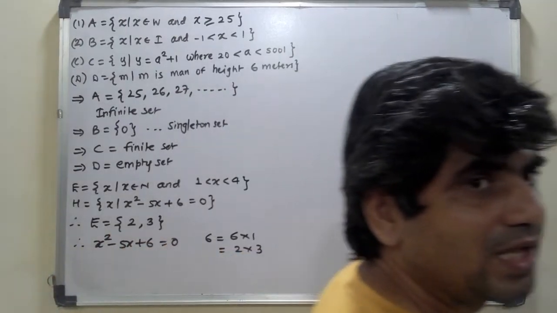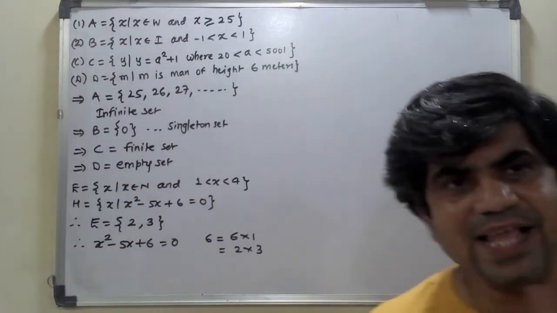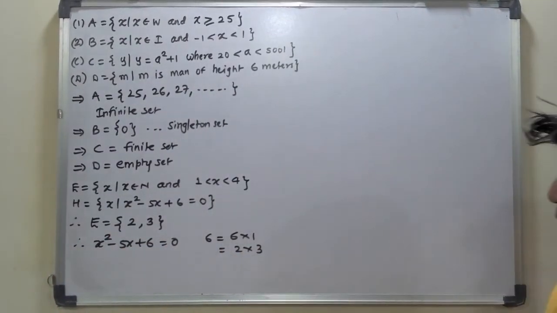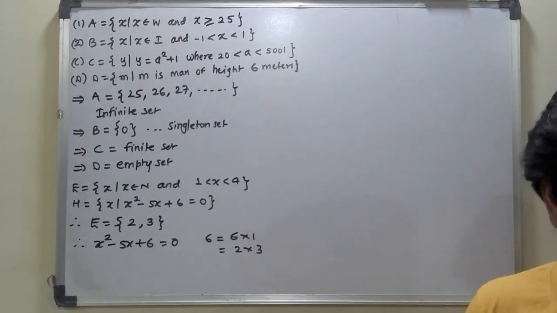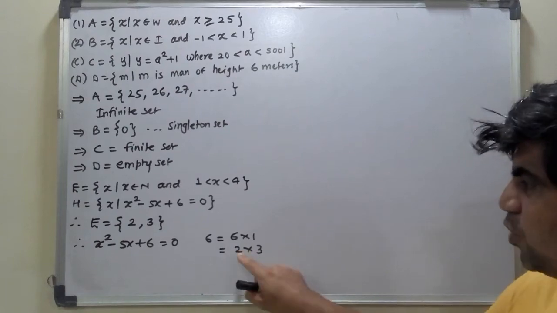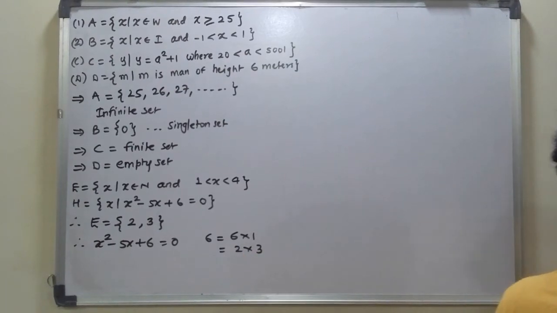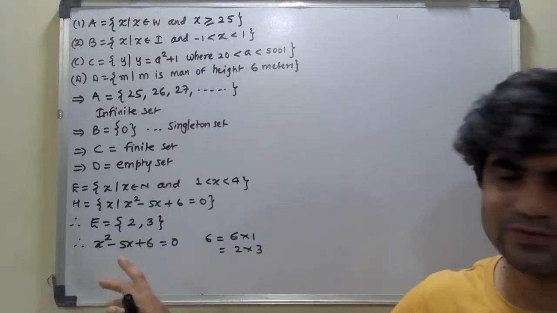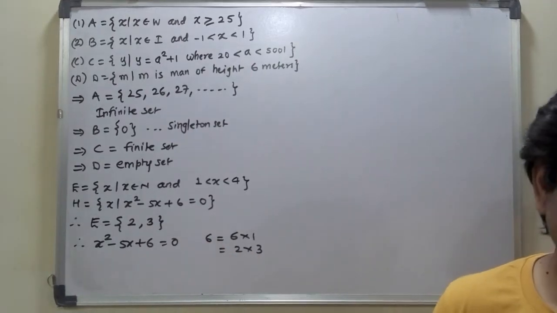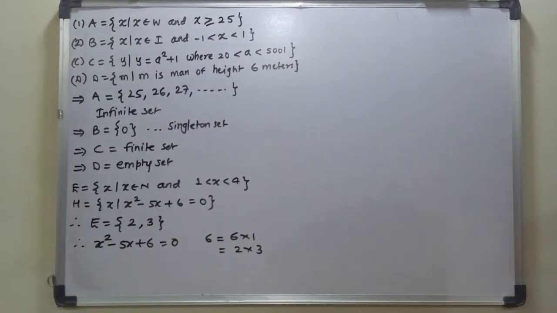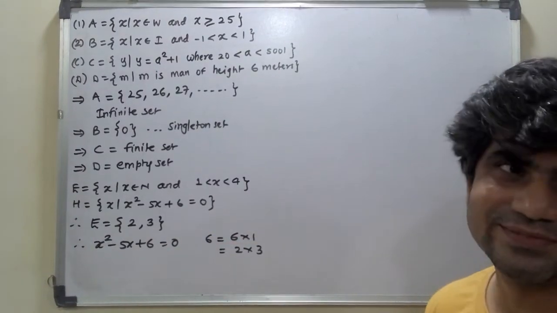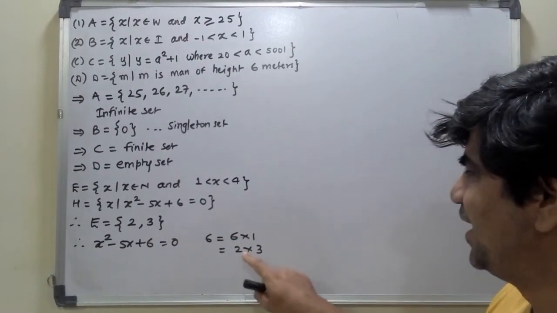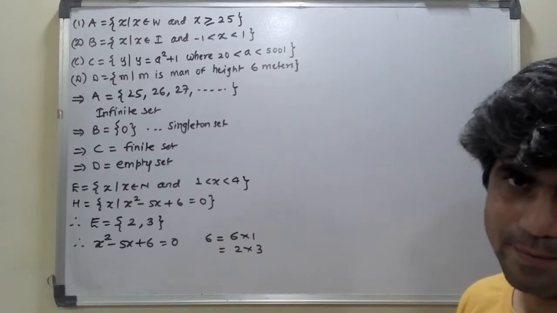Now if I think of adding these two factors, I will get 6 plus 1, that is 7, and 2 plus 3 is equal to 5. And blindly we will say that yes, we will take this one, right? It is not like that. If you are thinking of subtracting, 6 minus 1 also will be 5, correct? And 2 minus 3 will be 1.